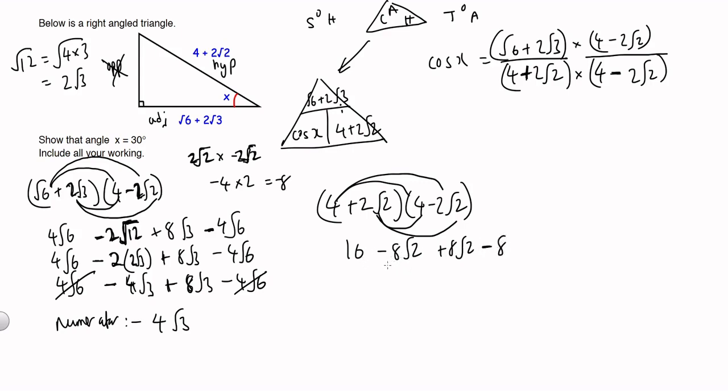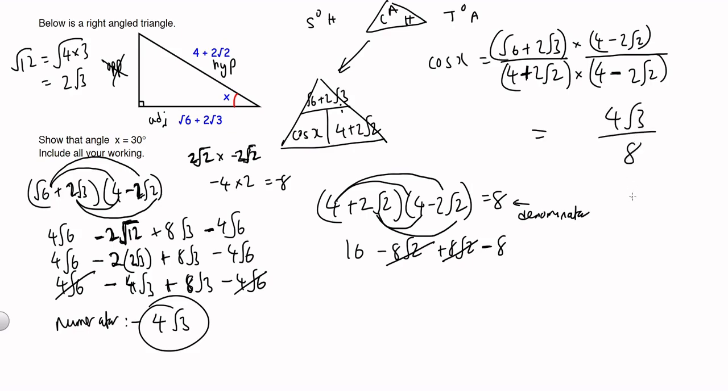Obviously these cancel, so you're just left with 16 take away 8 is 8. That goes on the denominator. So now on the numerator we have 4 root 3, over 8. That simplifies, 4 over 8 is just a half, so that'll be root 3 over 2.